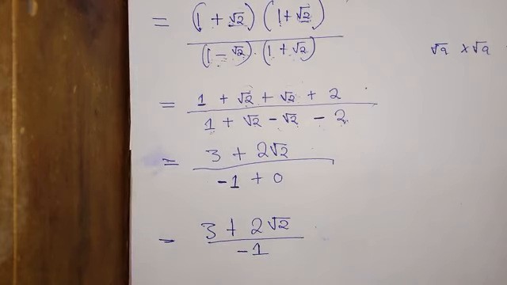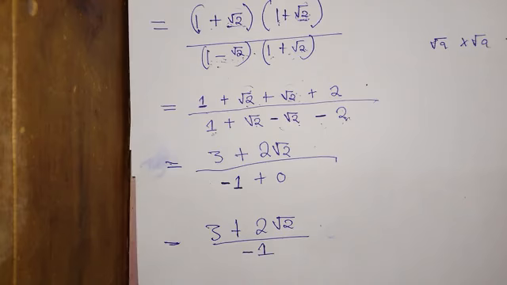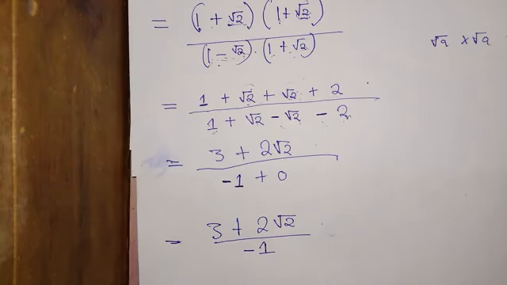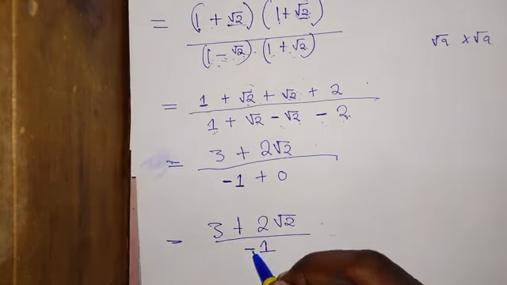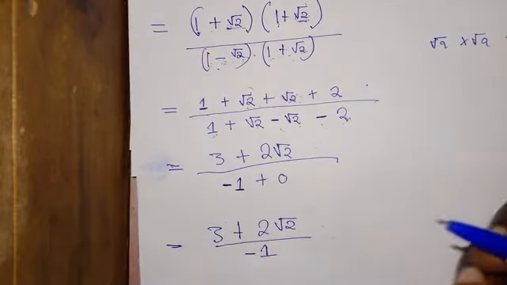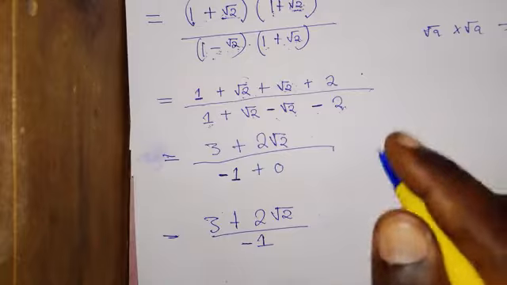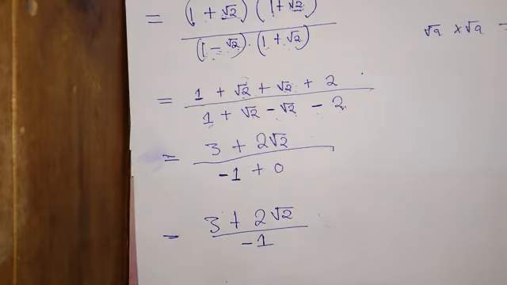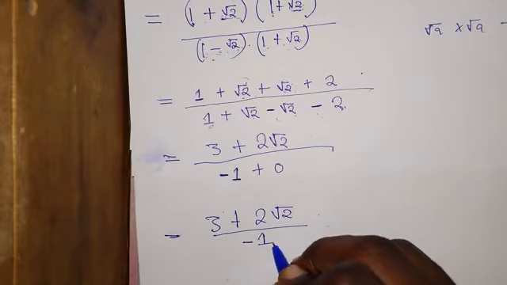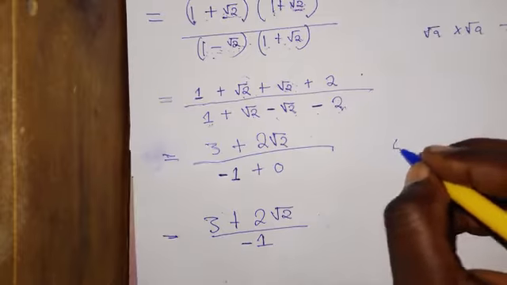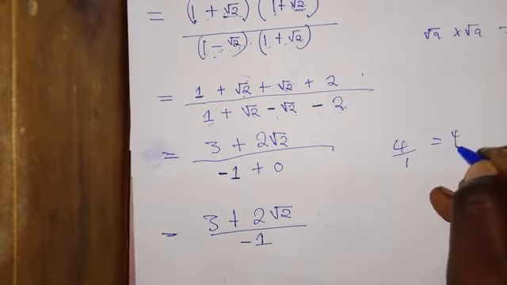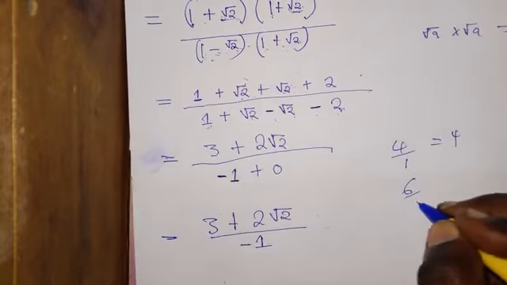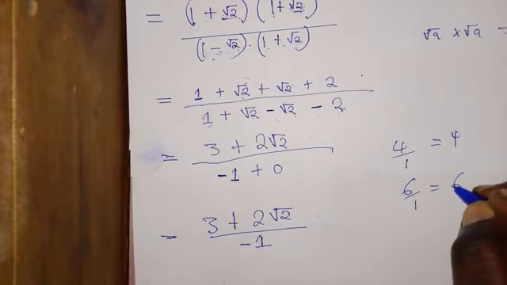Now, this is negative 1 in the denominator. If it is negative 1 in the denominator, what will happen? This negative can now multiply everything in the numerator. Remember, any number divided by 1 is the same number. If you have 4 over 1, it is still maintained to be 4. If you have 6 over 1, it's still maintained to be 6.